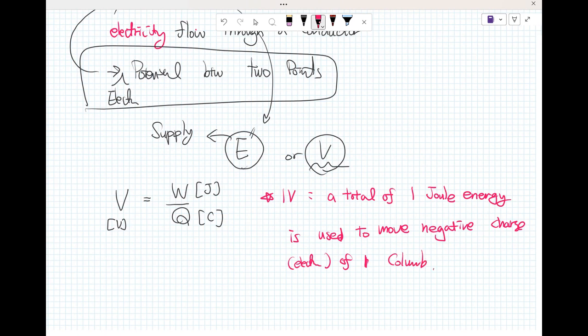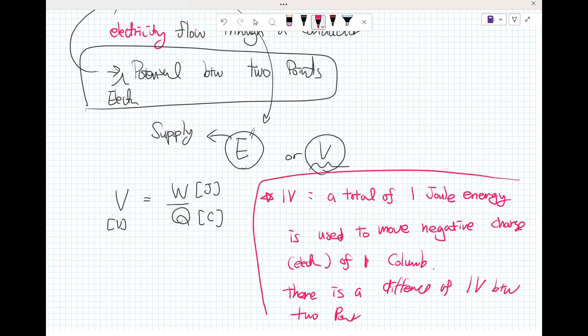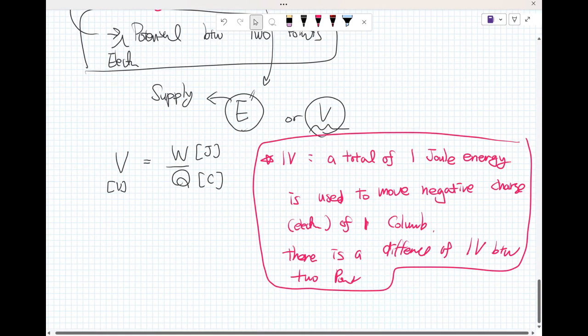So there is a difference of 1 volt between 2 points. That is also a definition of voltage.